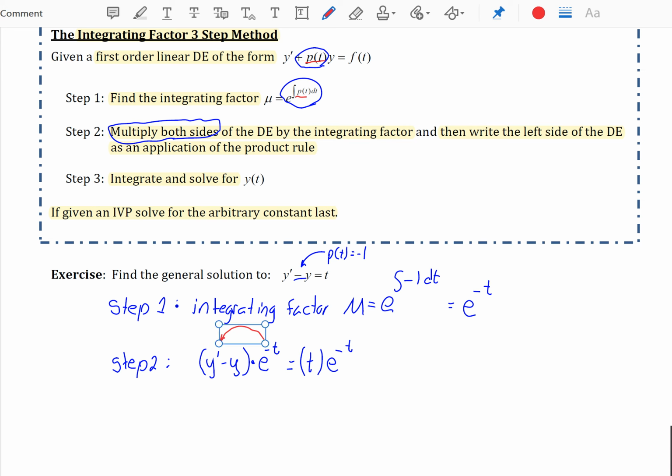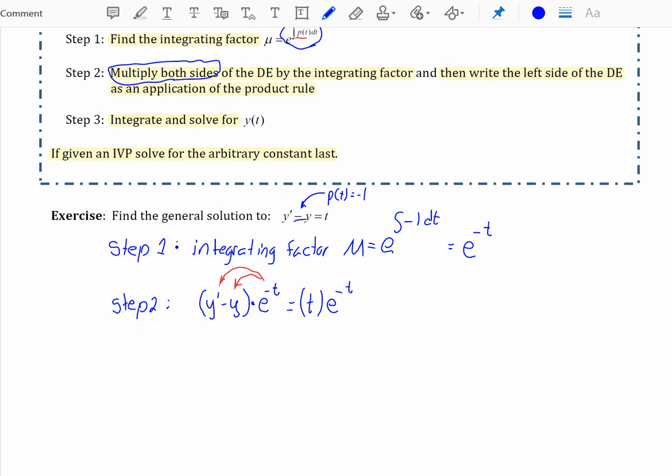Distribute your integrating factor into your parentheses. Now, for most students, they actually don't show step 1 or this first line I've written. They'll just write the distributed form. So I write it as y prime e to the -t minus y e to the -t equals t e to the -t.